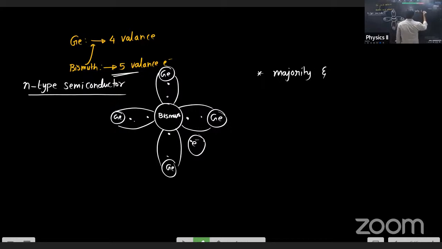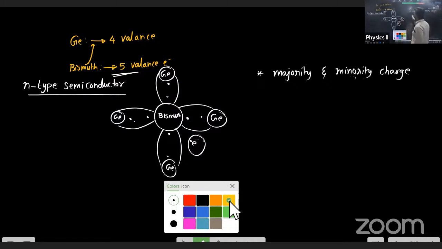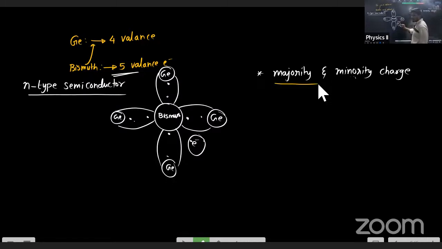We are getting an excess of electrons, so majority charge carriers are electrons, and minority charge carriers will be holes.